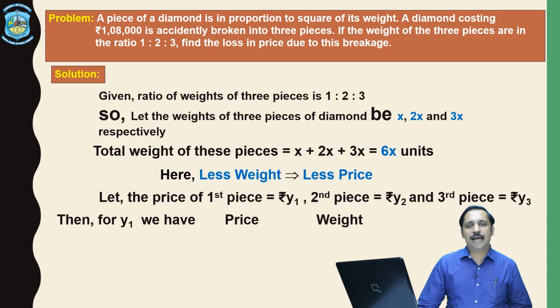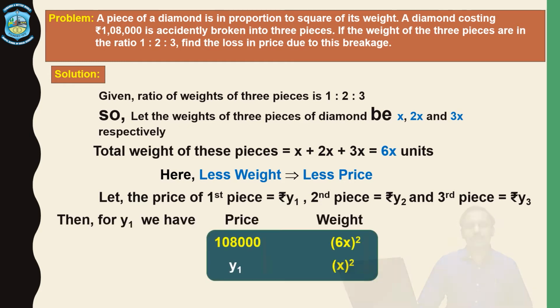Then for y1 we have price and weight. So here we put the price given in the question, it is 1,08,000. But this price is proportional to the square of the weight. That means we have to take 6x whole square. Also the price of the first piece is y1 and the weight is x square. Now we put arrows. Here if the price decreases, the weight also decreases.